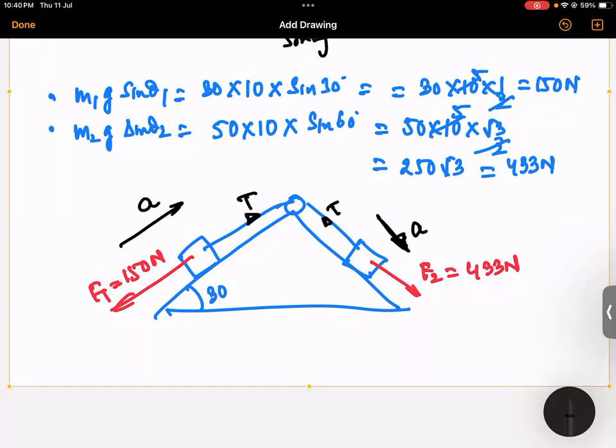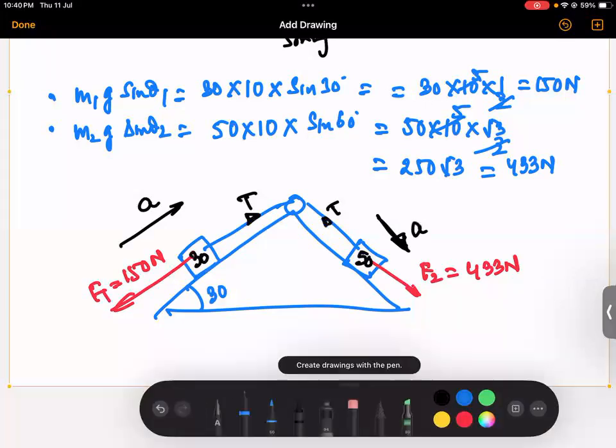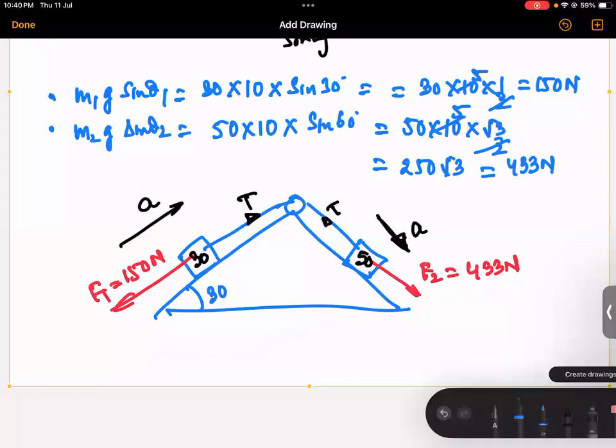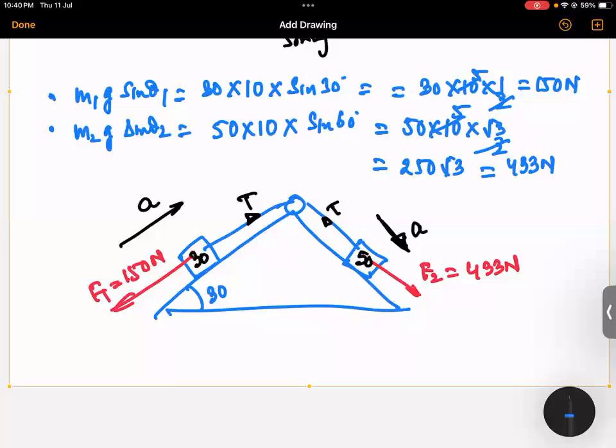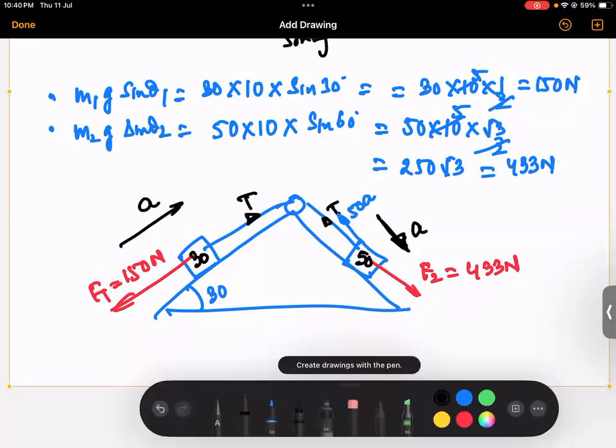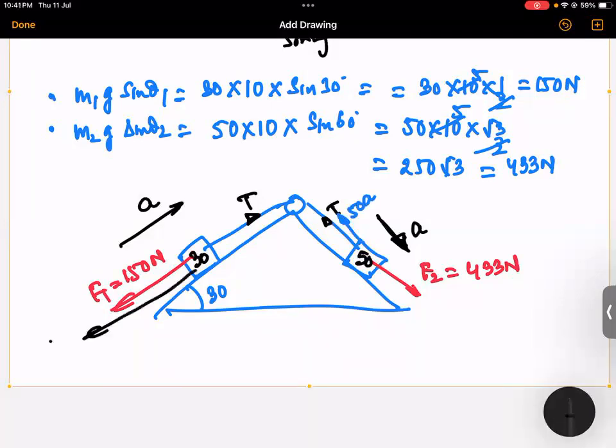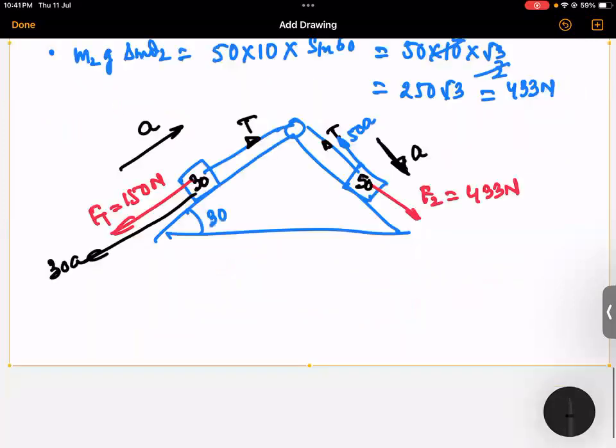Now this body is 30 and this body is 50. So therefore the ma will be in which direction? For 50, the ma will be in this direction. For 50, this is 50a. And for 30a, your ma will be in this direction. So from here we can say, this is your tension. This is your 150 Newton. And this is your 30a.